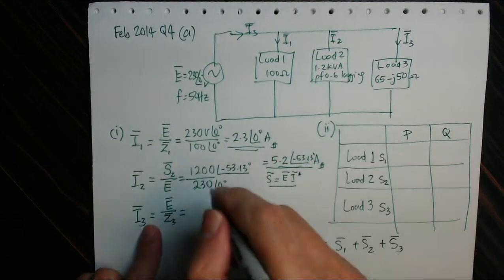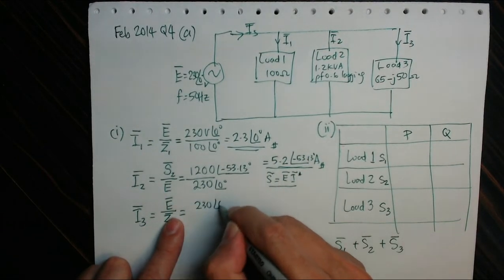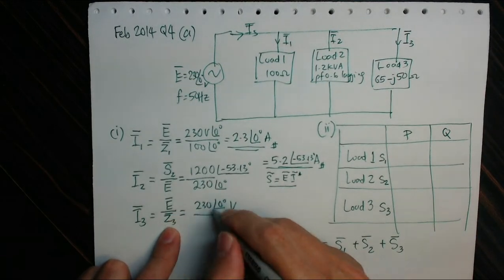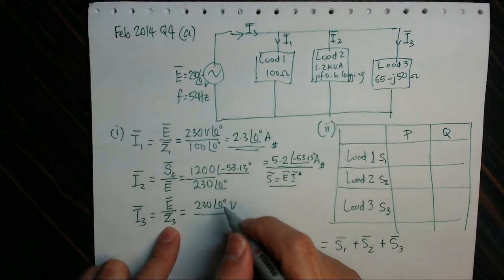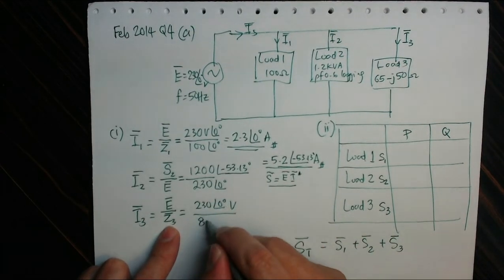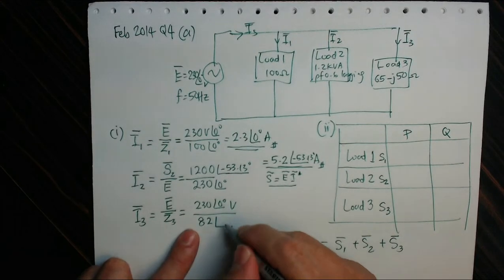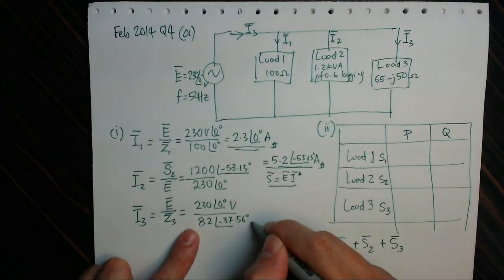And finally, I3 is just 230 volt angle 0 degrees divided by the total impedance. Now 65 minus j50, I convert it back to the polar version. That would be 82 angle of minus 37.56 degrees.